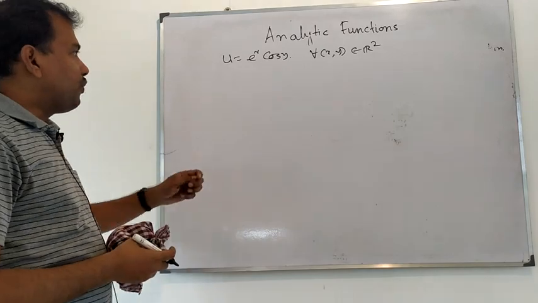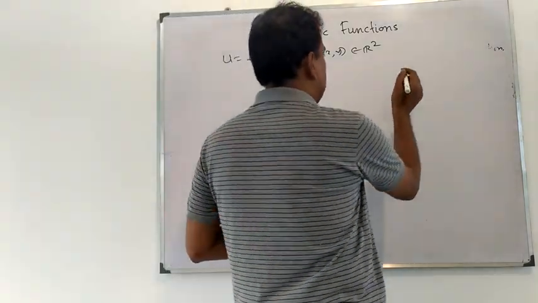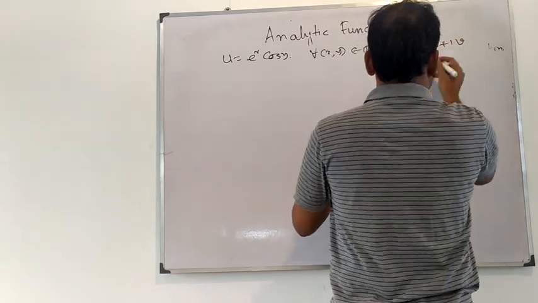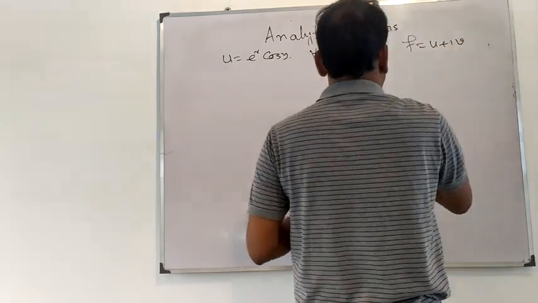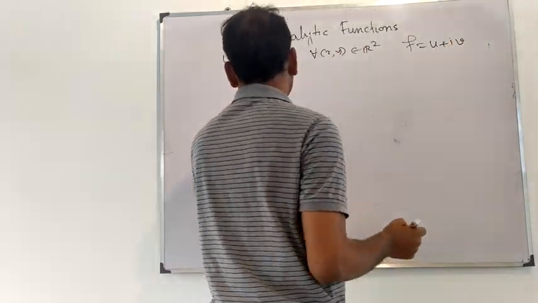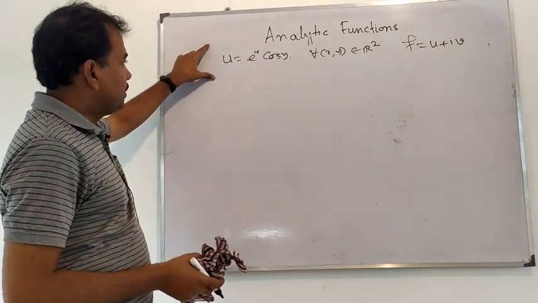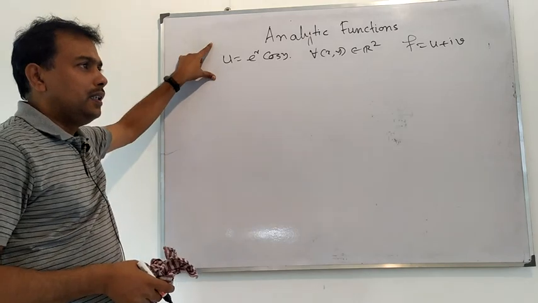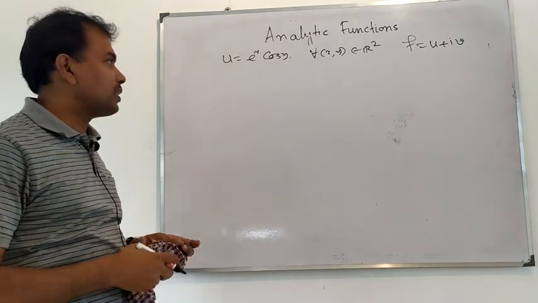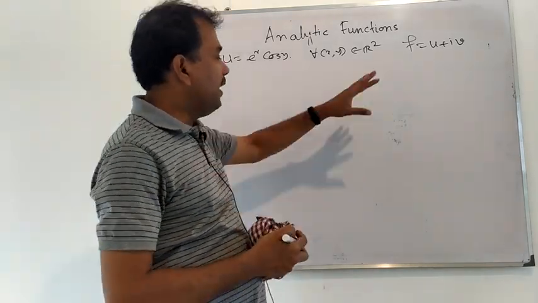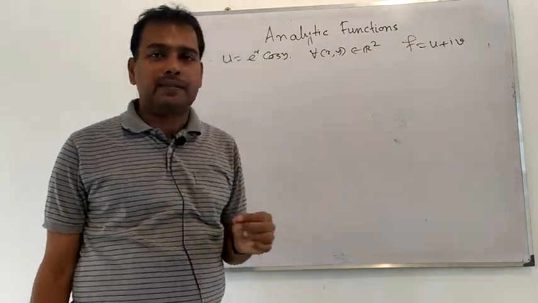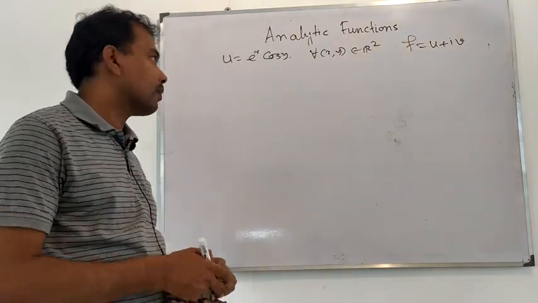Our target is to find a function v such that f equal to u plus iv is analytic on C. First, we show that u is a harmonic function. If u is not a harmonic function, then we cannot get any analytic function f whose real part is u.